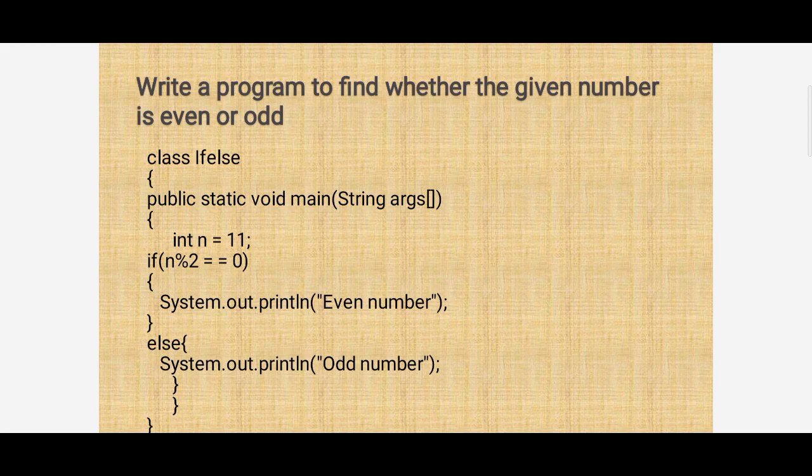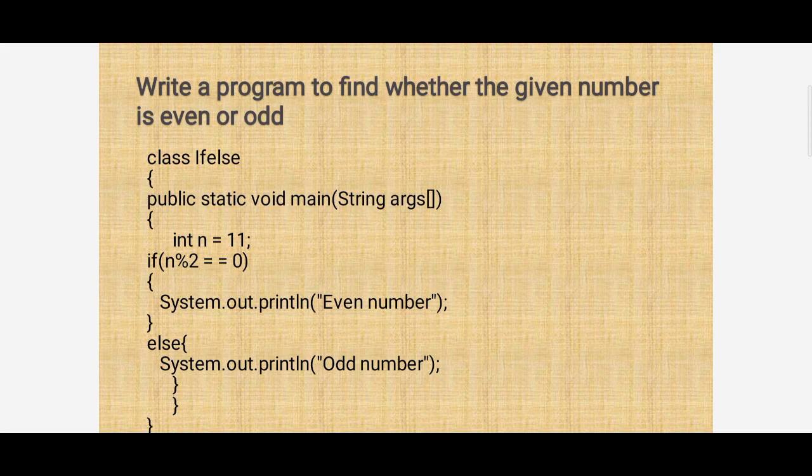If n modulus 2 is equal to 0, in the if part, System.out.println even number.